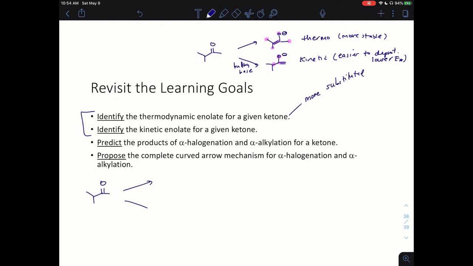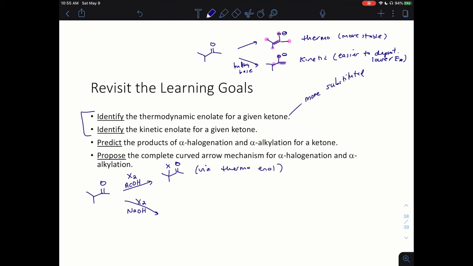Okay, alpha halogenation. So that was some halogen. We'll do X2. And then we could have some acid catalyst or some acid, or we could have some base. Under acidic conditions, there's a single halogenation at the more substituted alpha carbon because it goes via the thermo-enol.